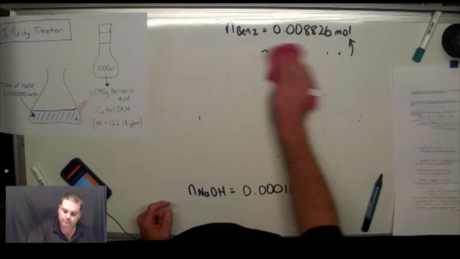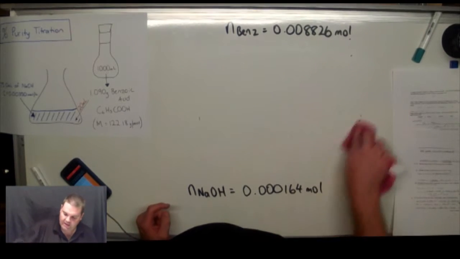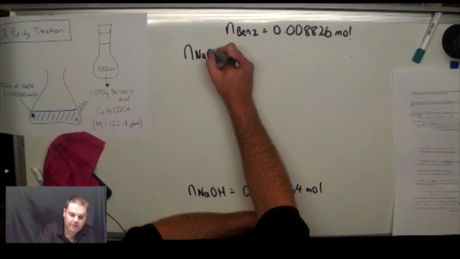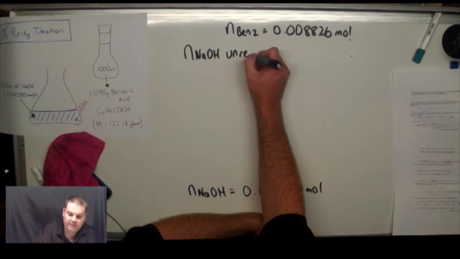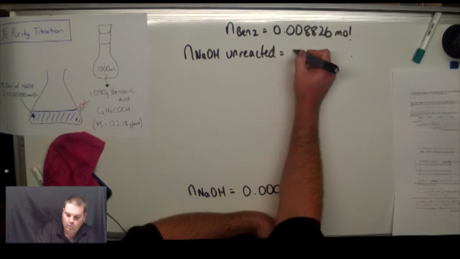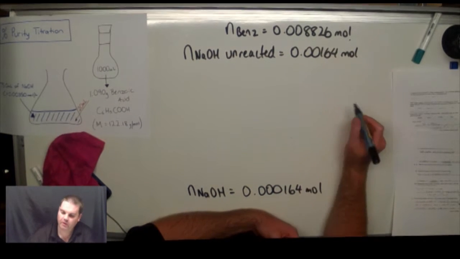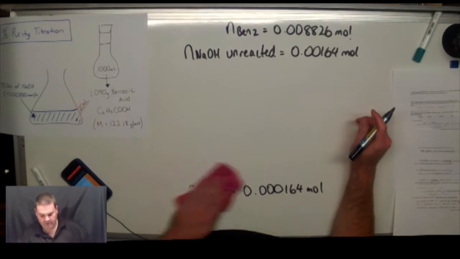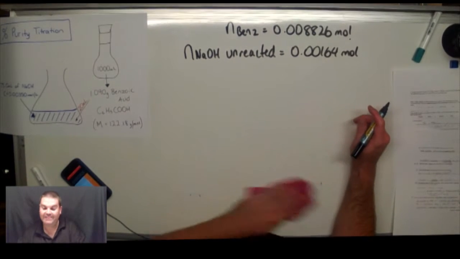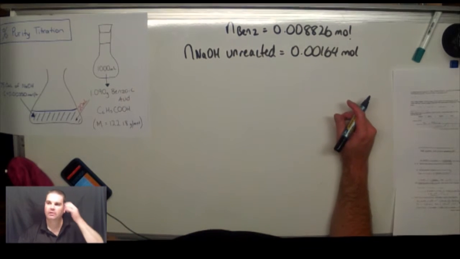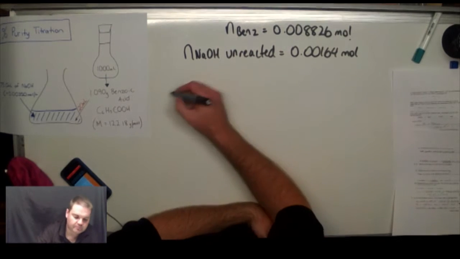Up here, we had the number of moles of sodium hydroxide that was unreacted was 0.00164 moles. So what we can do now is work out how much reacted with the benzoic acid.